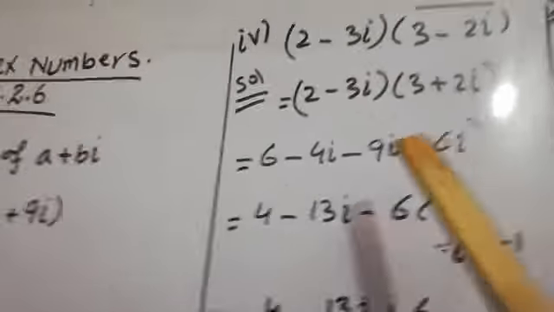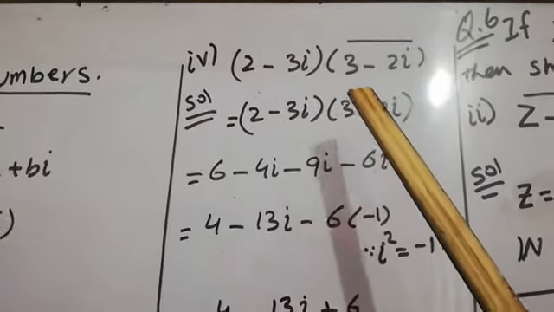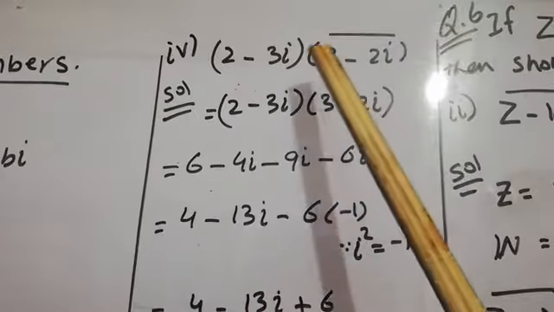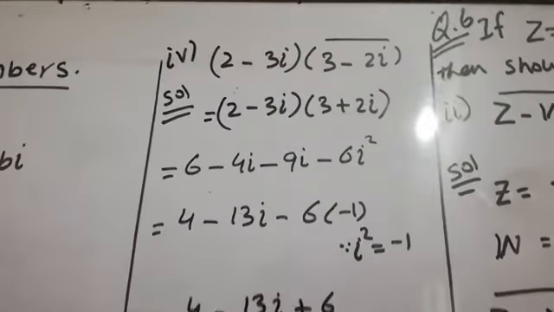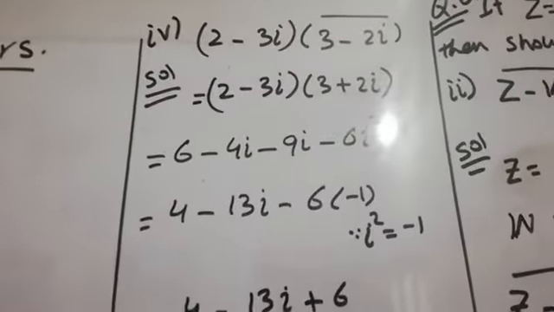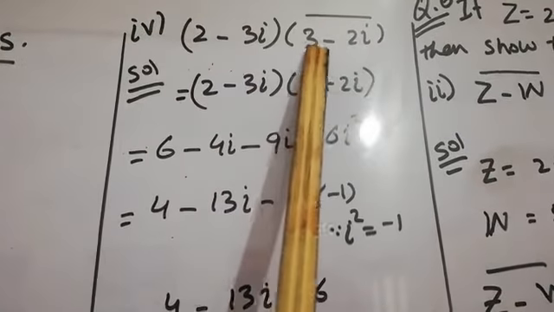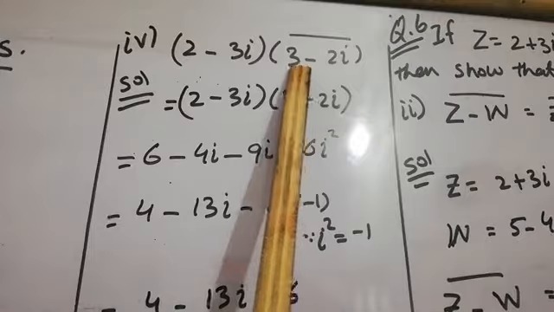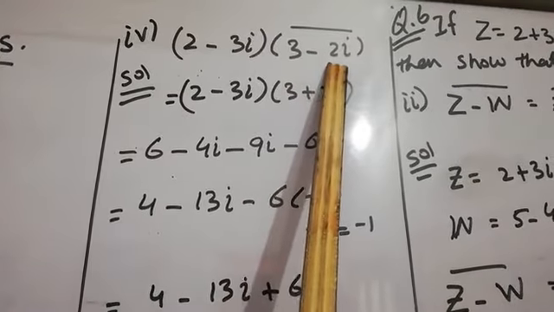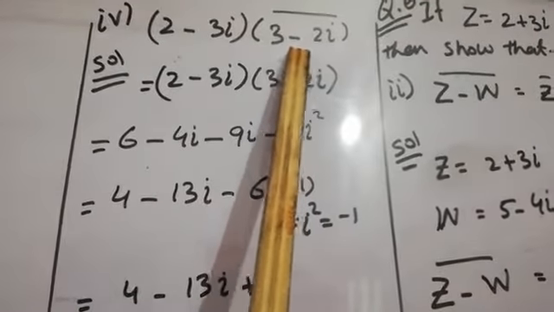Part number 4: (2 minus 3 iota) into the conjugate of (3 minus 2 iota). This bar represents the conjugate. So first of all we will take the conjugate of this complex number, and you know that in the conjugate we change the sign of the imaginary part.